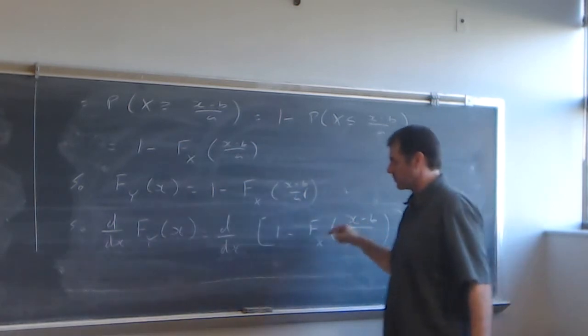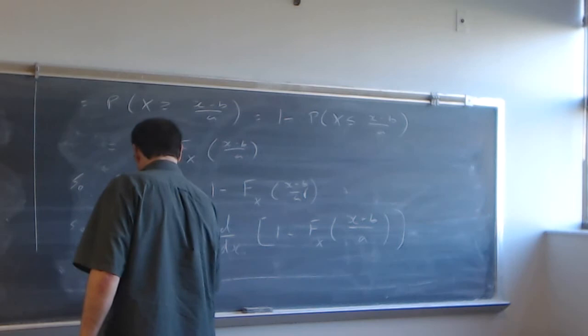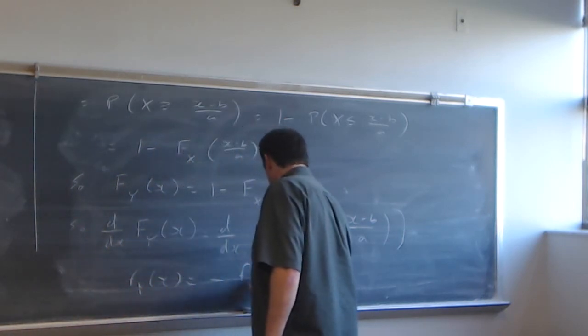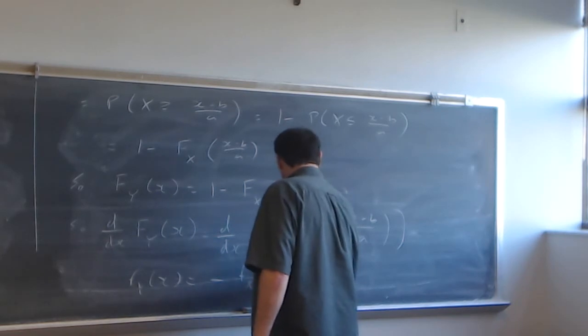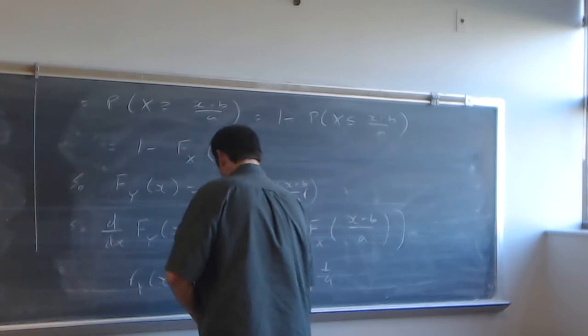The derivative of 1 is nothing. The derivative of this guy, well, it's got a minus in front of it. This guy's F sub X of x. So this equals minus little f sub X, evaluated at x minus b over A, again times 1 over A. So let's expand that.